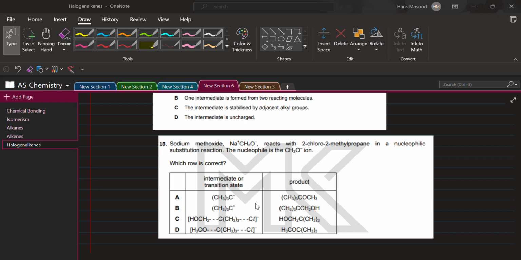Then you have to draw it, then you get to know of it. It's quite simple.